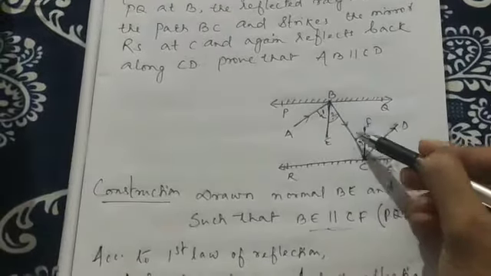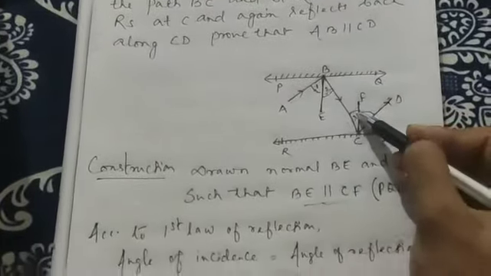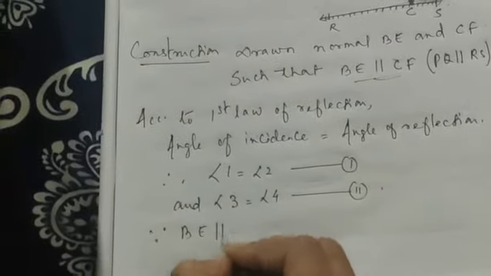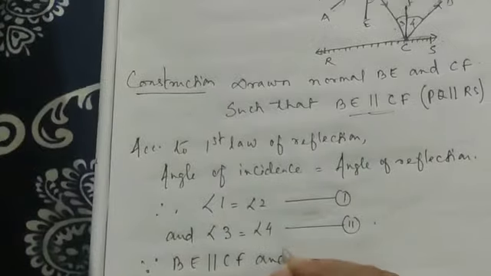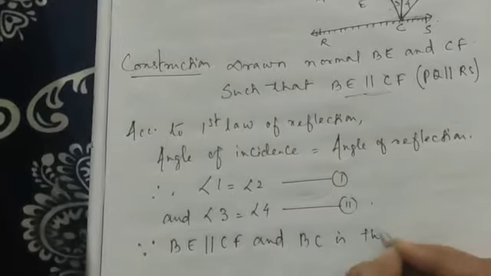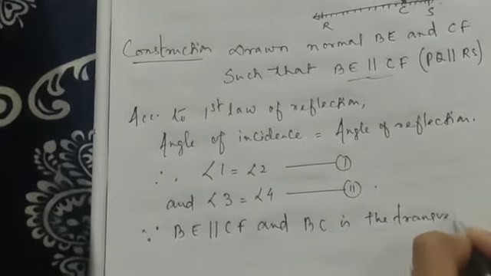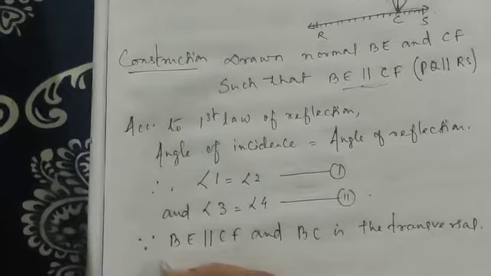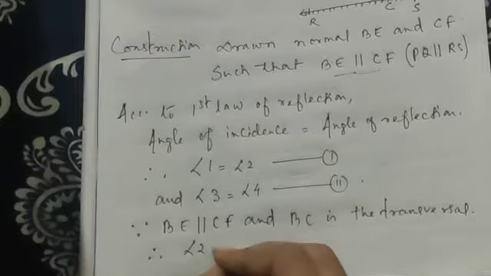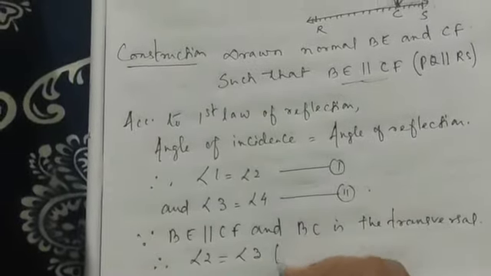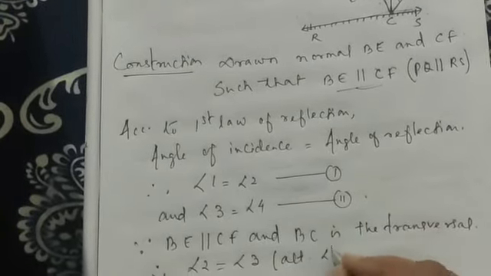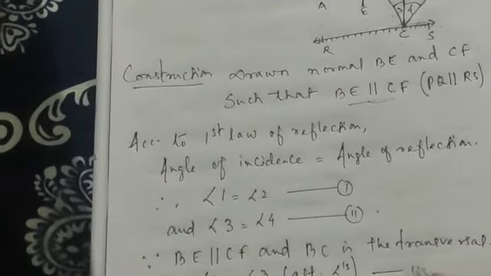Therefore, angle 2 is equal to angle 3. Why? Alternate angles. This is equation 3.